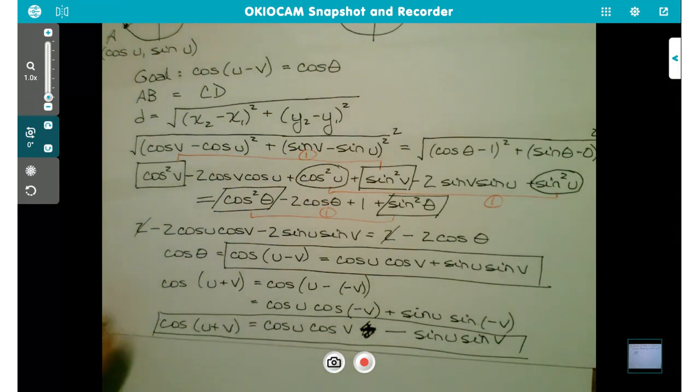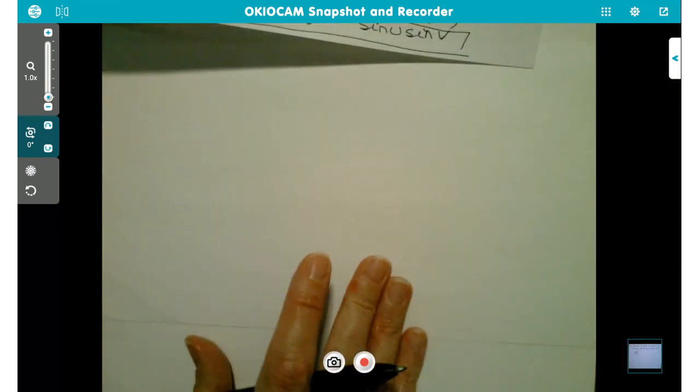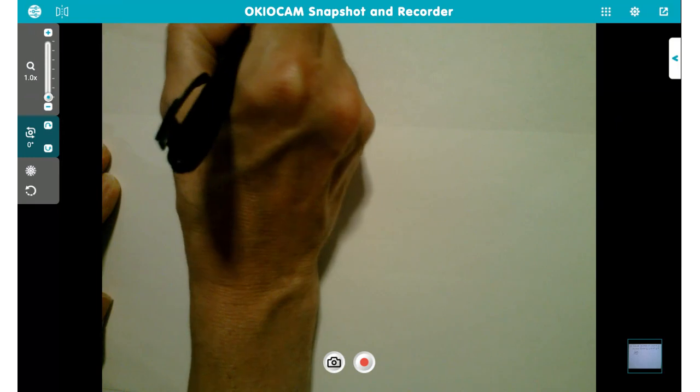And then, where did the sine ones come from? We're going to make an observation, and maybe you've already noticed this, that the sine of pi over 6 is the same as the cosine of pi over 3, and vice versa.